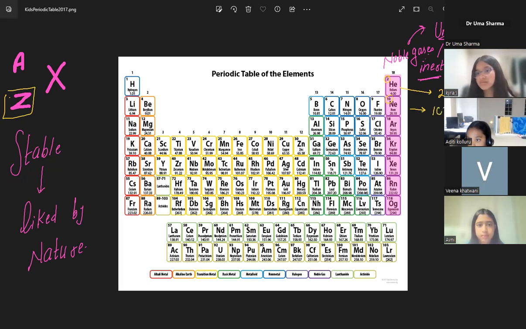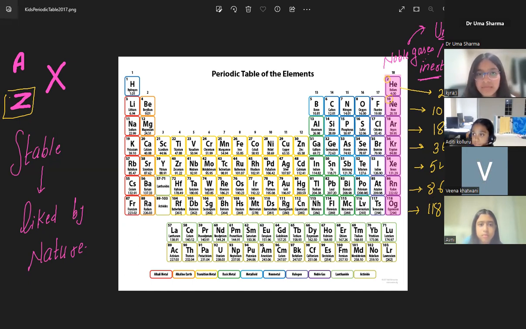How many in argon? 18. 36. Xenon? 86. Children, is it okay? Yes. So it means elements with these electrons are stable.